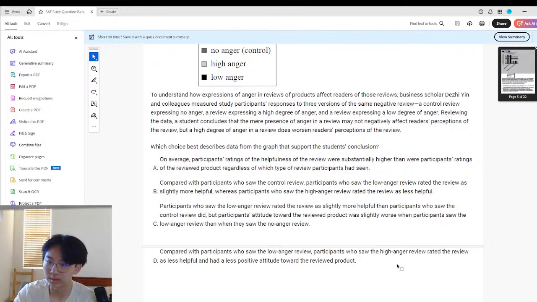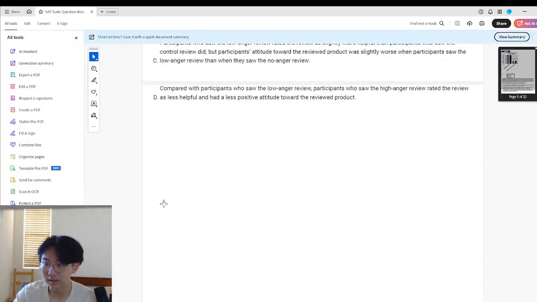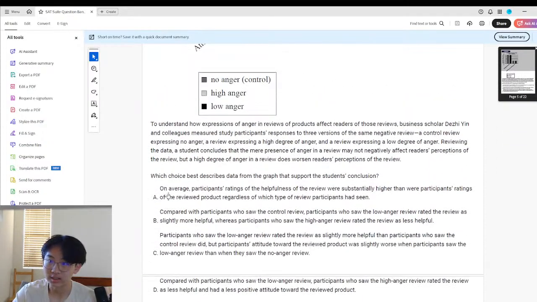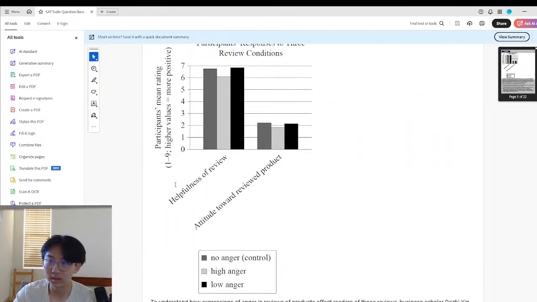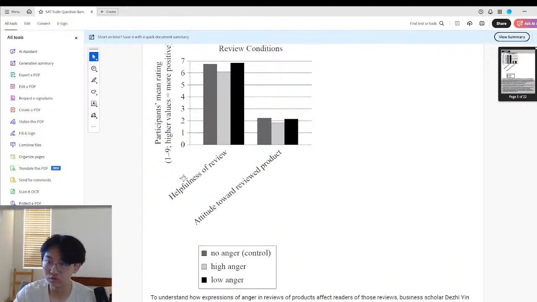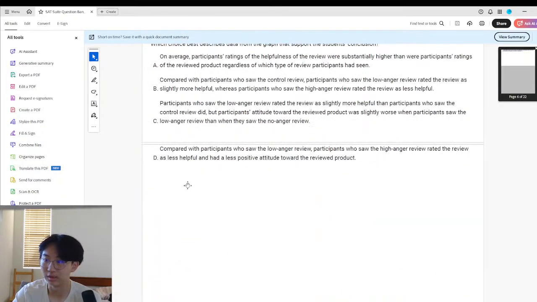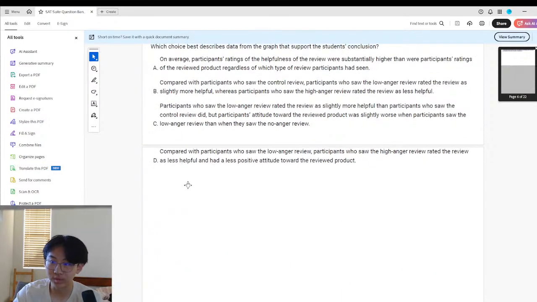So let's go through the options here, right? Compared with participants who saw the low anger review, participants who saw the high anger review rate the review as less helpful, and have a less positive attitude towards the reviewed product. Yes, this appears to be true. No, it doesn't appear to be true, right?